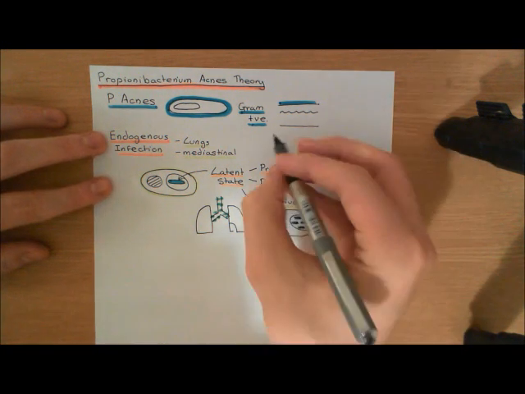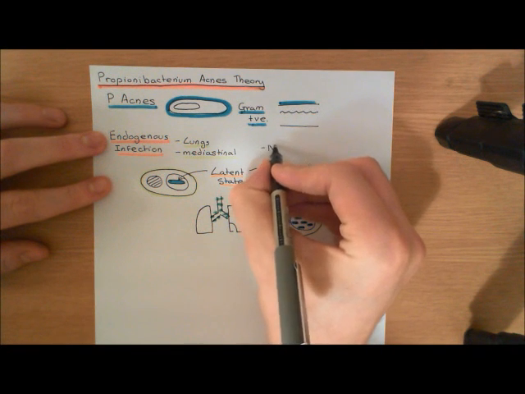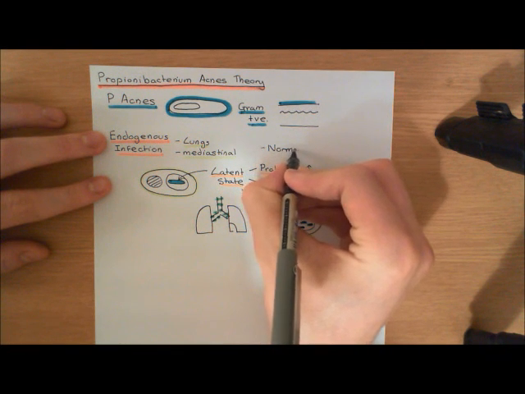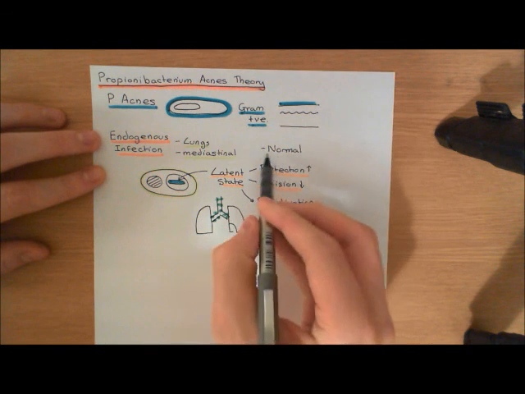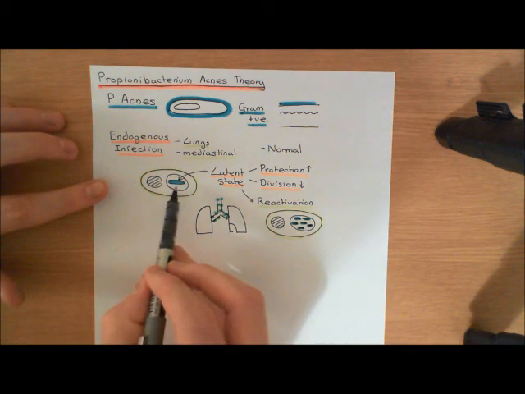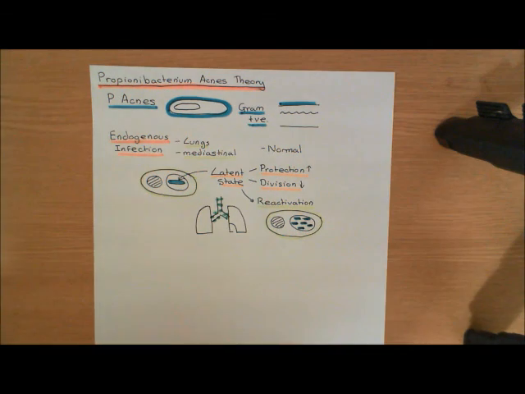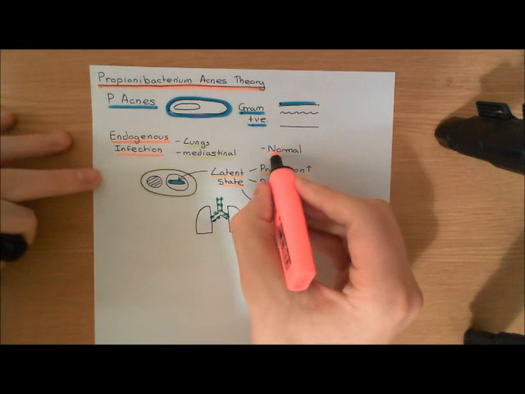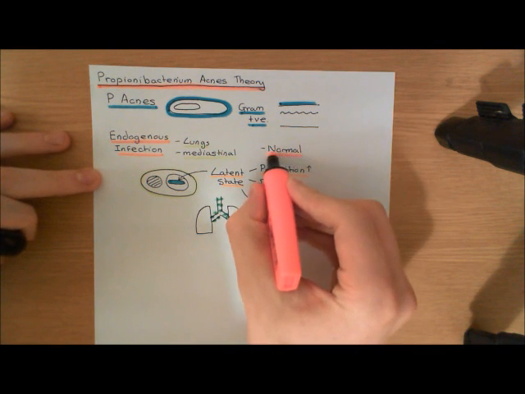So the idea is that in normal people you have this endogenous infection of Propionibacterium acnes where the cells get phagocytosed by alveolar macrophages. However, some of them don't actually get killed because they can go into a latent state.